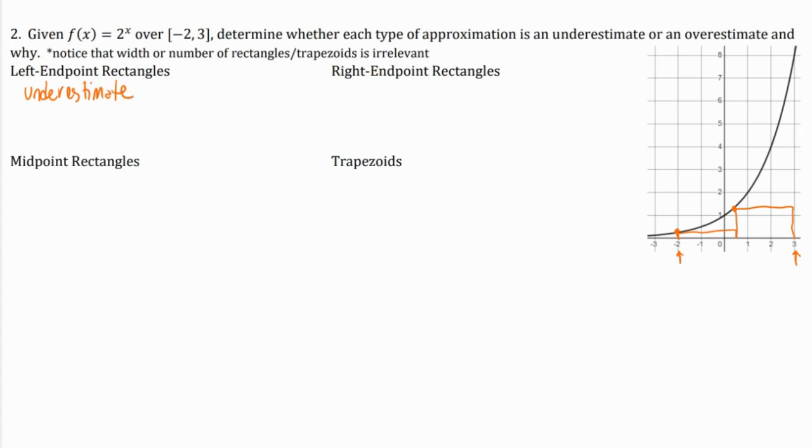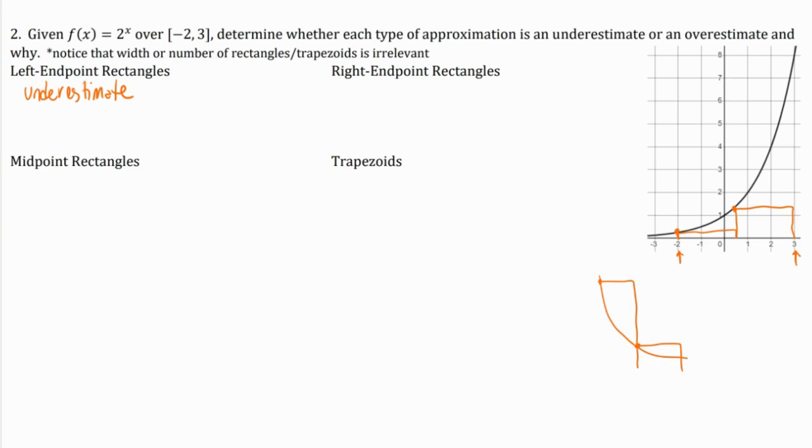And why? What is it about the function that makes a left endpoint rectangle an underestimate versus an overestimate? For example, if my function looked like this, left endpoint rectangles would be an overestimate. So what is it about 2 to the x specifically that makes it an underestimate?